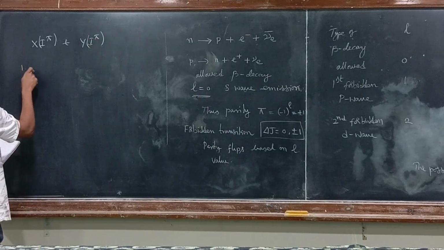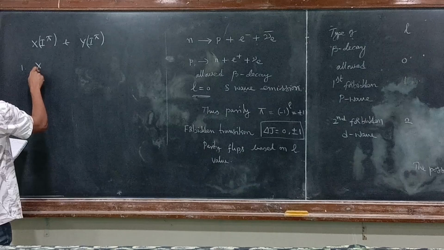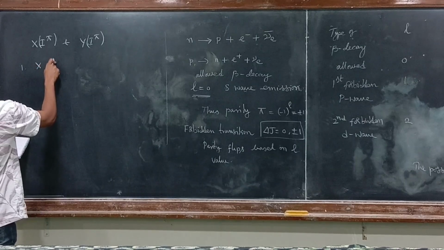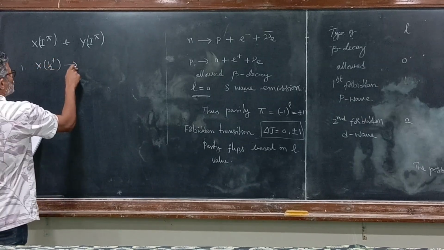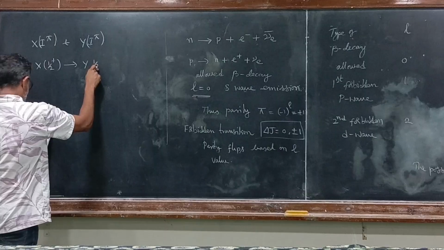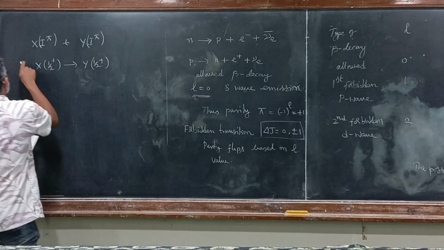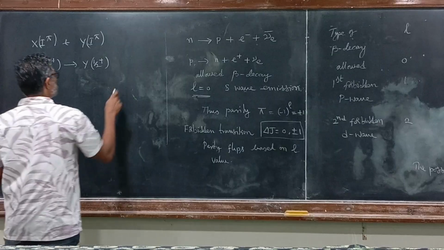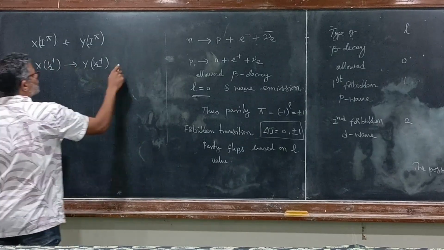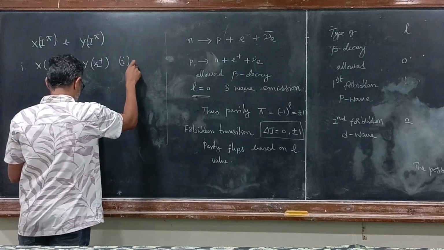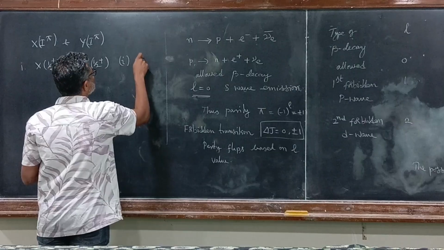The first option is, let's say, X 1/2+ goes to Y 1/2+. Let's say this is 1, and this 1 is first forbidden.